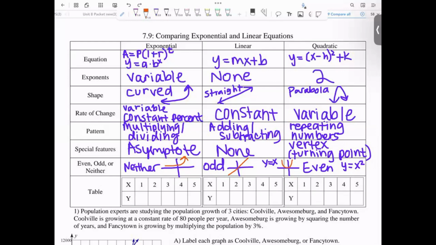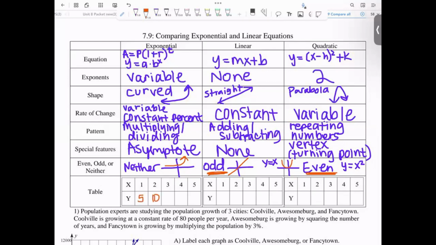So exponential will always be neither. Linear and quadratic, it is possible for linear to be odd, it is possible for quadratic to be even, depending on the graph.